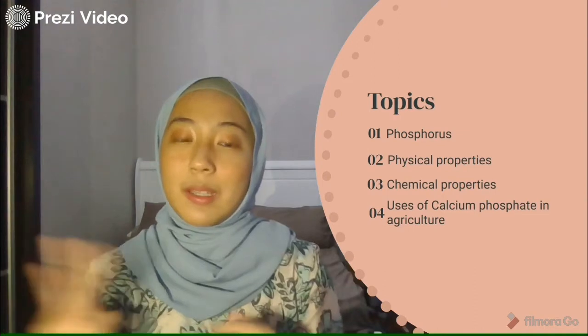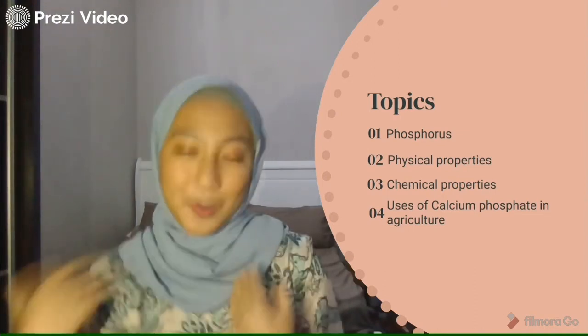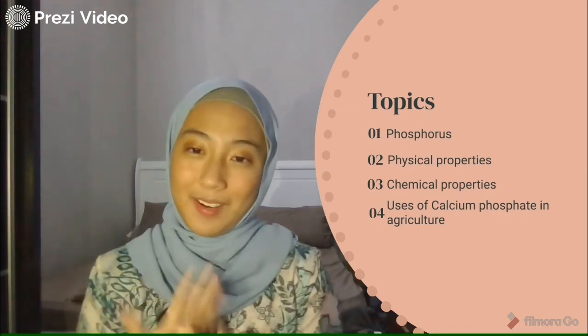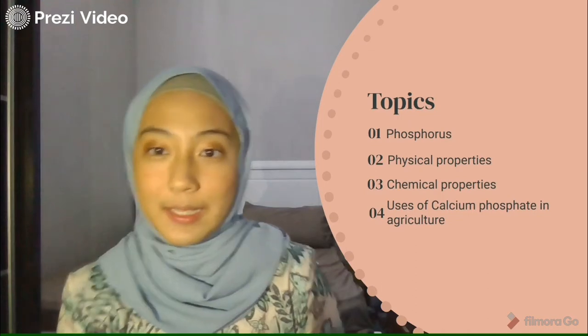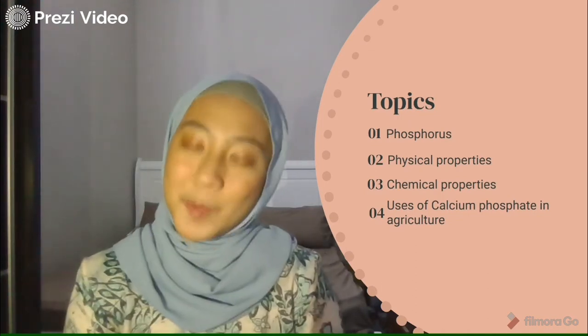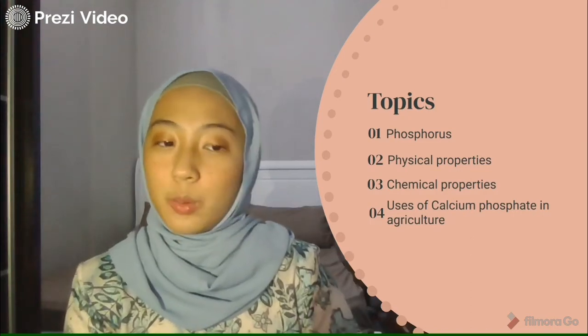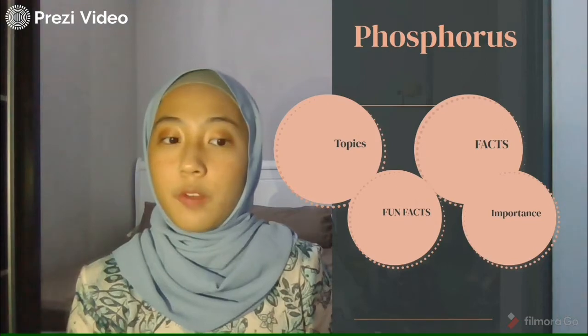Third would be chemical properties of phosphorus, which will also be presented by my fellow groupmate Nur Humaira. Fourth would be the uses of calcium phosphate in agriculture, which will be presented by none other than my group leader, Muhammad Akil. So, moving on, let me share some facts about phosphorus with all of you.